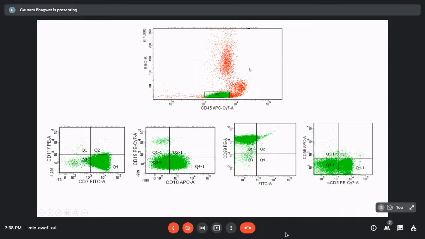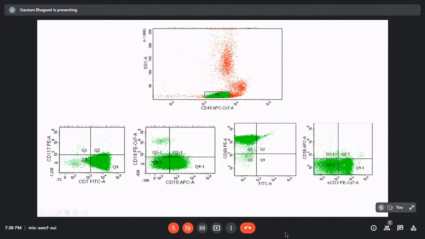Now we go on to the flow cytometric analysis. What we find here are the lymphocytes, the myeloids and our cells of interest, the P2 population. CD7 is positive. Now CD7 is a T cell marker. Again CD19 is negative. You have some CD10. CD99 is positive.